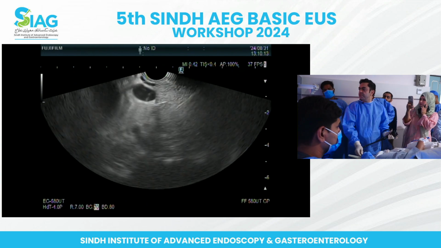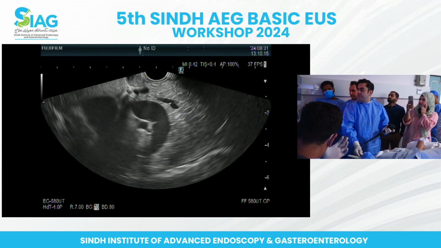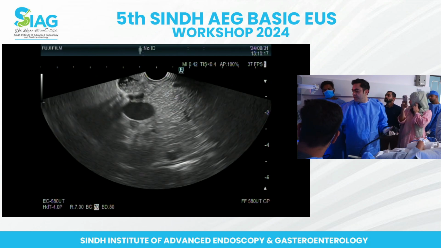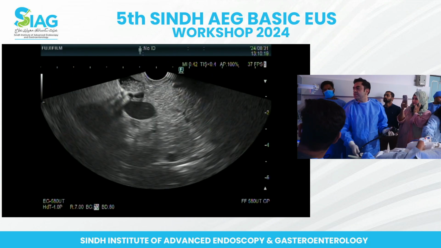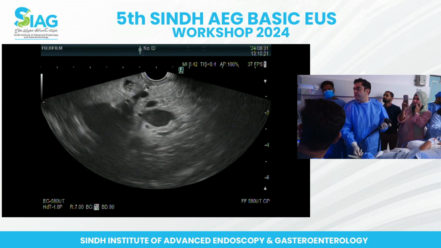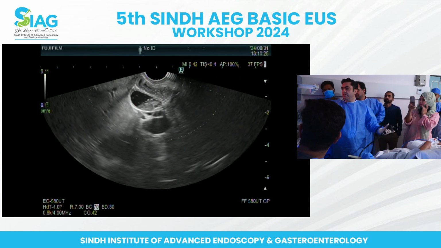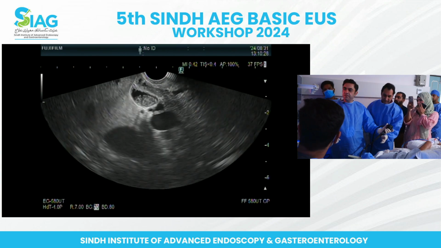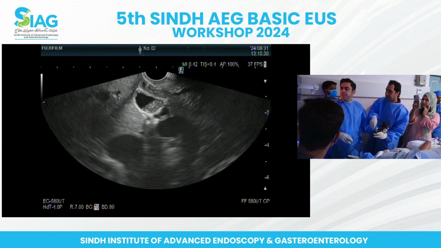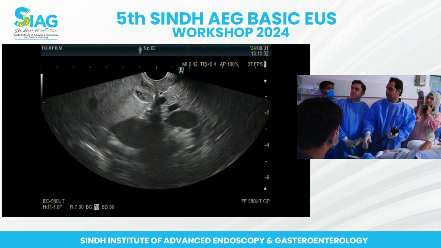I'm just trying to get some good image. The large mass, probably. So this looks like the vessel that you have, isn't it? And that's the CBD. If you see it, take hold of it. And can you see there's something in the CBD? Looks like sludge.